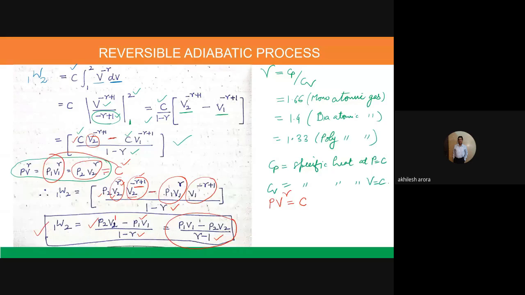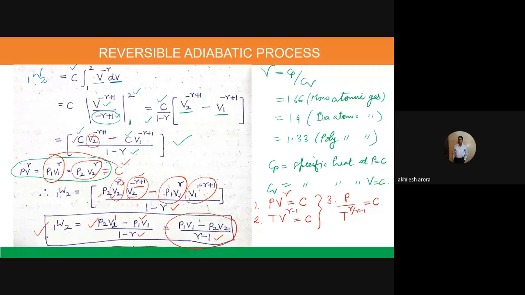We can also have two more relationships, in terms of temperature and volume, given by TV raised to power gamma minus 1 is equal to constant, and the third one is P divided by T raised to power gamma divided by gamma minus 1 is equal to constant.